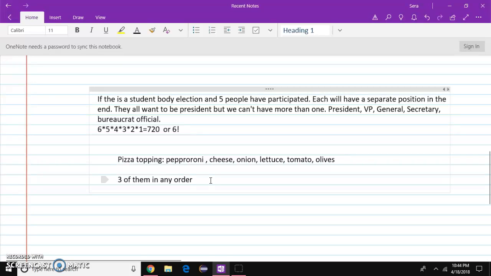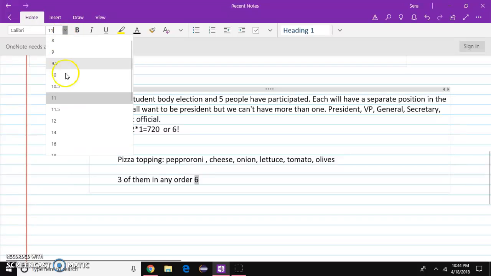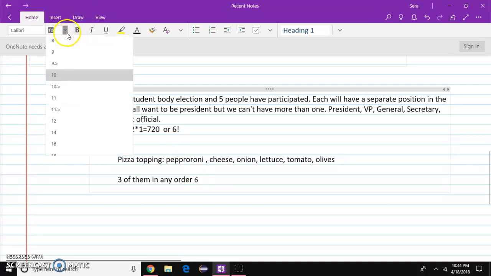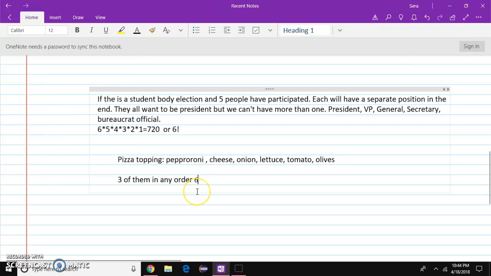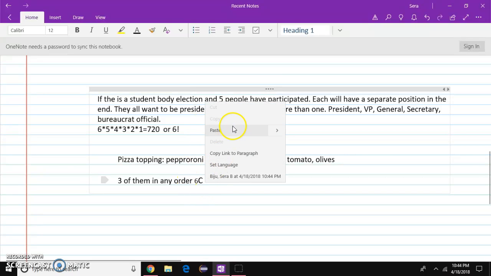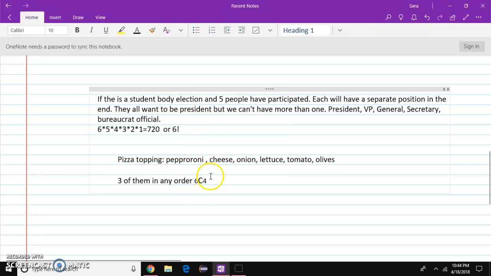So let me write this 6, make it tiny, and then I'll make this like a 12. Choose, and then I'll copy and paste and make it a 3.